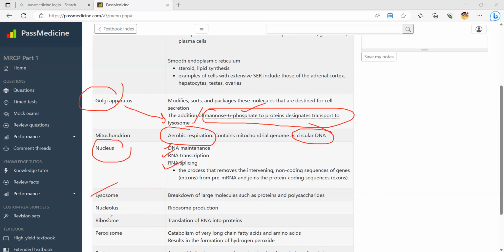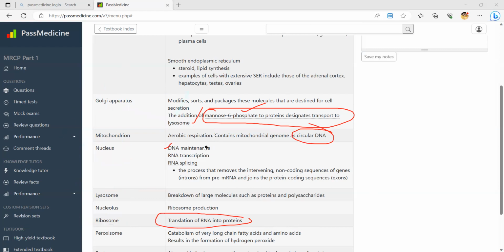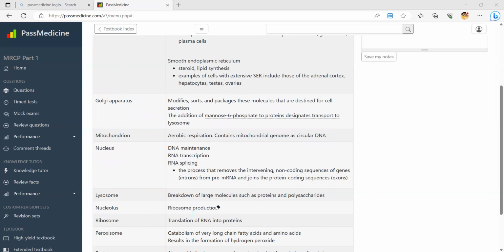Nucleolus is ribosome production, and ribosome is related with translation of RNA into protein. Peroxisome is catabolism of very long chain fatty acids and amino acids. From all of these, the function of the endoplasmic reticulum is very important.